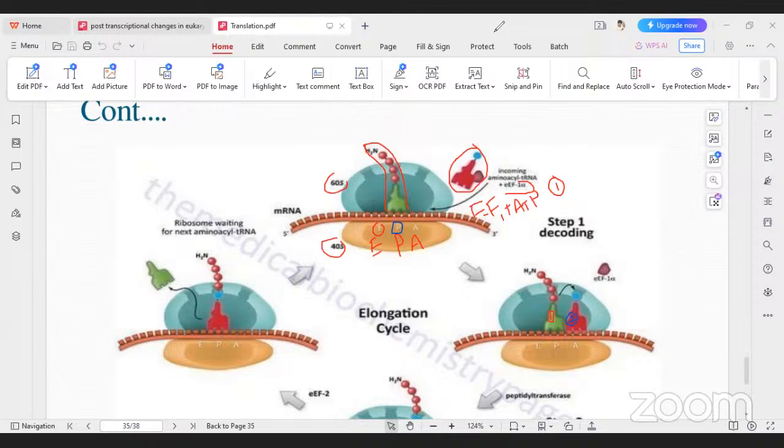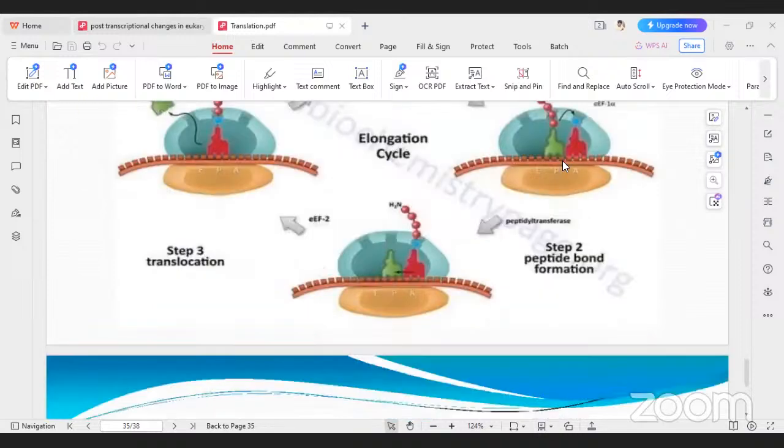So the next, second step, is peptide bond formation.